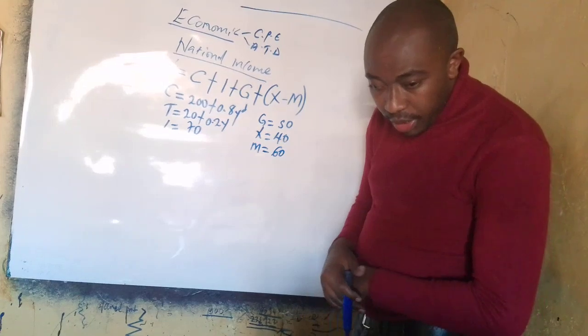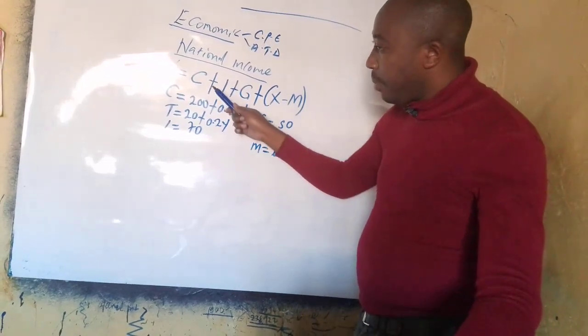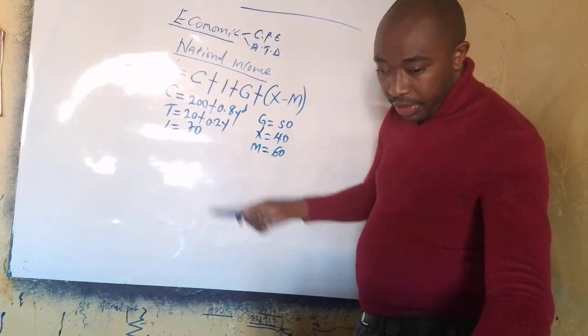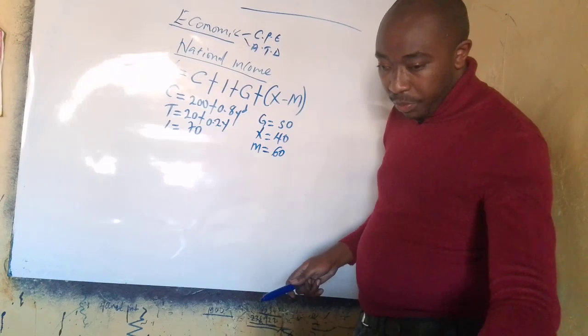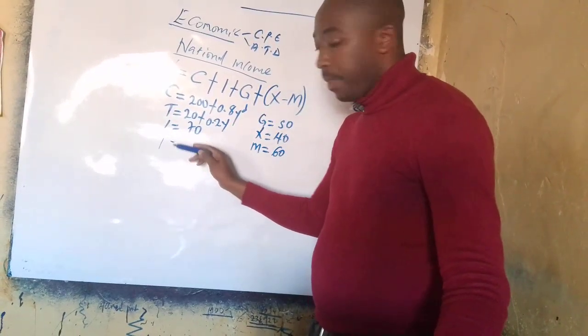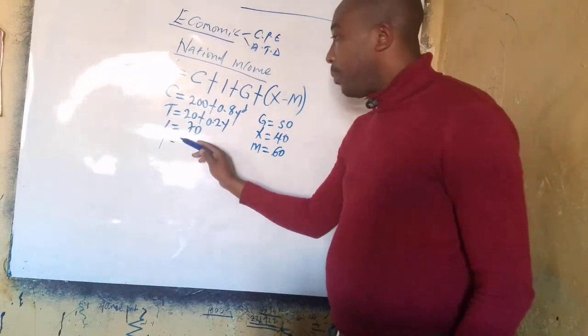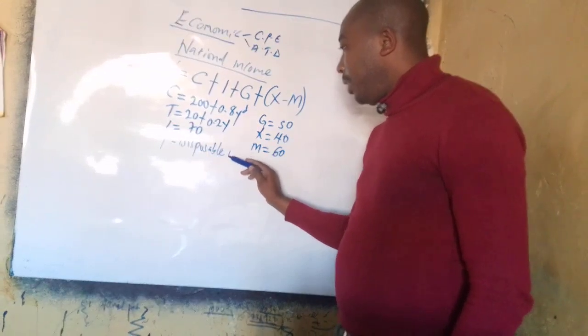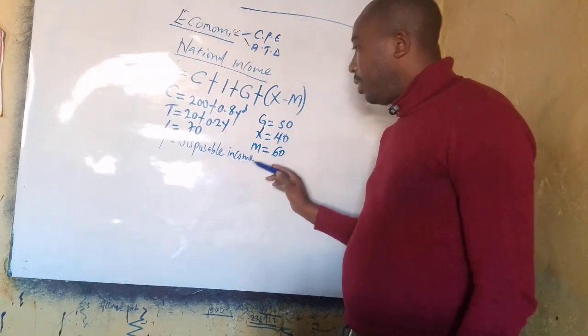We are being told Y is national income, C is consumption, I is investment, G is government expenditure. Then this YD represents disposable income, or the free income.